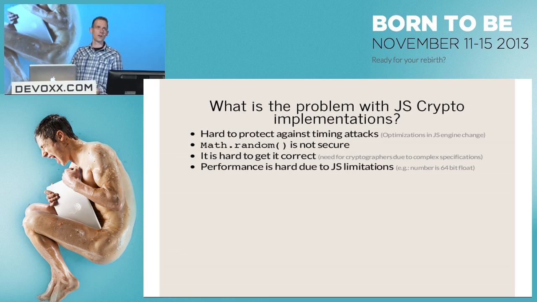And it's really hard to find good cryptographers that are also skilled JavaScript developers. The last problem is performance, because in JavaScript you don't have access to hardware acceleration for doing the encryption, and all numbers are 64-bit floats, and in cryptography you need a lot of big integers.